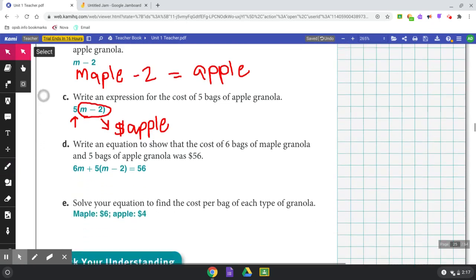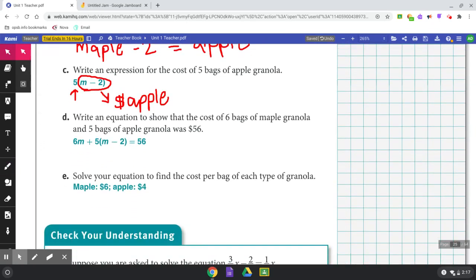And then part D, write an equation to show the cost of 6 bags of maple granola and 5 bags of apple granola. Well, 6 bags of maple is going to be 6 times M, the cost of maple, plus 5 bags of M minus 2, 5 bags of apple, which is $2 less than maple, equals 56.